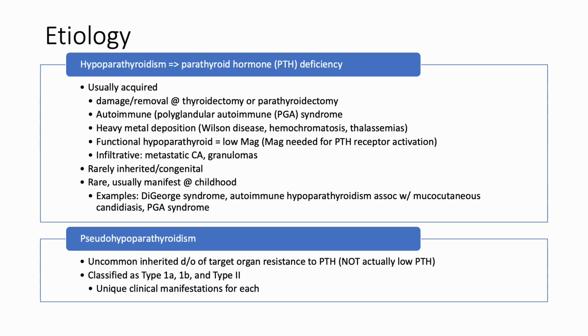So hypoparathyroidism is parathyroid hormone deficiency, PTH deficiency, and in general this is an acquired condition. This can be because of damage or intentional removal of the parathyroid gland because you had hyperparathyroidism, or this could be damage because of a thyroidectomy or radiated thyroid.